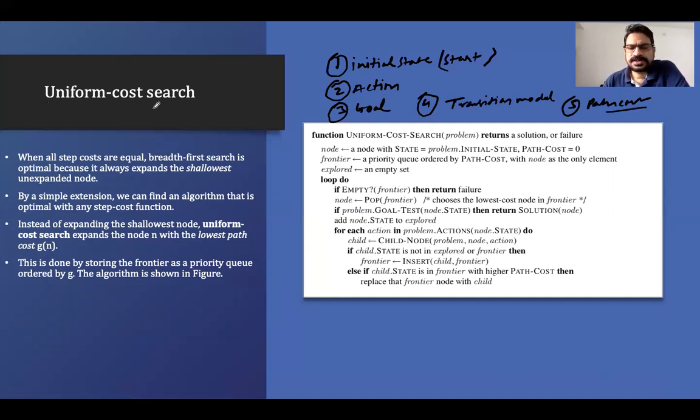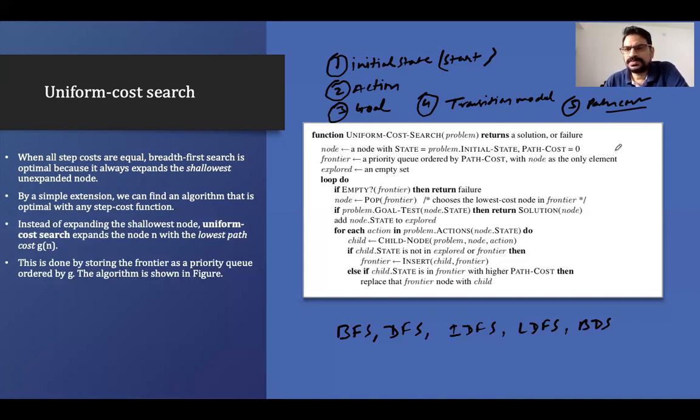But in this uniform cost search and the searching algorithms we have seen, breadth first search, depth first search, iterative depth first search, limit depth first search, and bidirectional search, in all of these we are calculating the path cost at the very last.